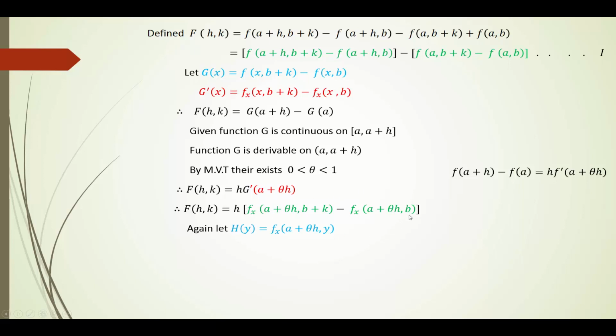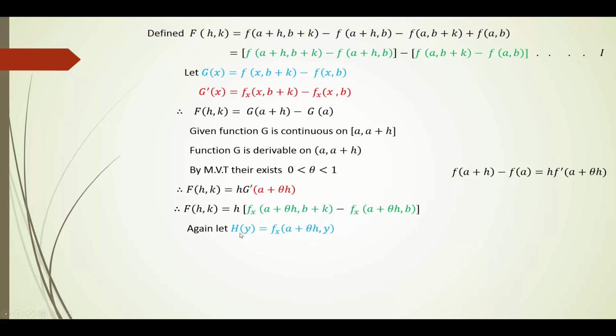Again convert this term in terms of one variable. Here there are two variables, a plus theta h and y. Write it in terms of one variable, in terms of the y variable, h of y. First we defined in terms of the x variable, now we define in terms of the y variable, from two variables to one variable. h of y means only the y coordinate varies, and the x coordinate is fixed at a plus theta h.